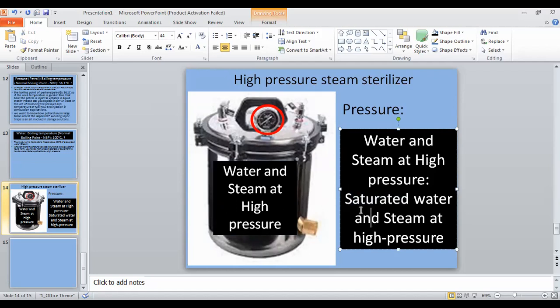Okay, so what saturation means, you should understand everything. So even a simple word, you cannot just take it for granted. You should understand what saturation means. So here, there is a balance. If one drop goes to the steam side, similar mass comes back to the water side. So there is a balance. Okay. So it's a kind of saturation water and steam at high pressure.